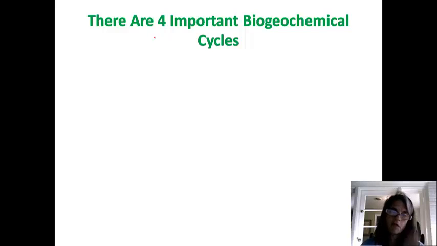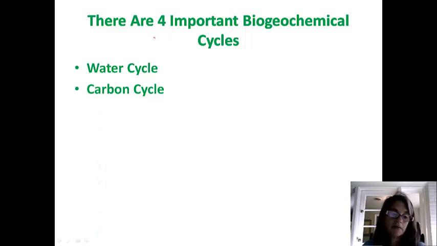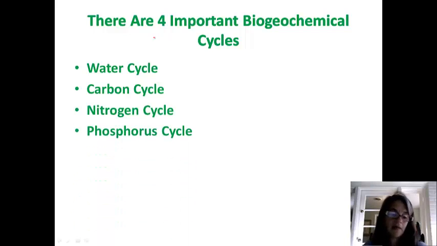There are 4 important biogeochemical cycles we are going to look at: the water cycle, which you already know, the carbon cycle, the nitrogen cycle, and the phosphorus cycle. There are other biogeochemical cycles, but these are the most important. And of these, we probably need to spend the most time understanding the middle two.